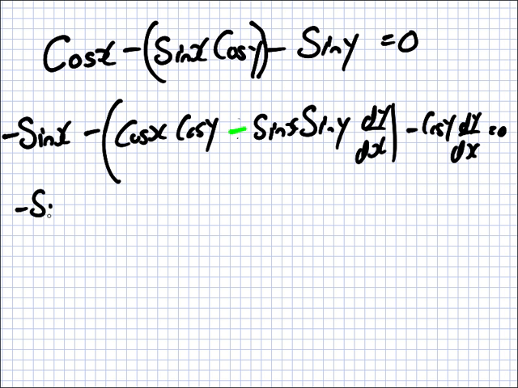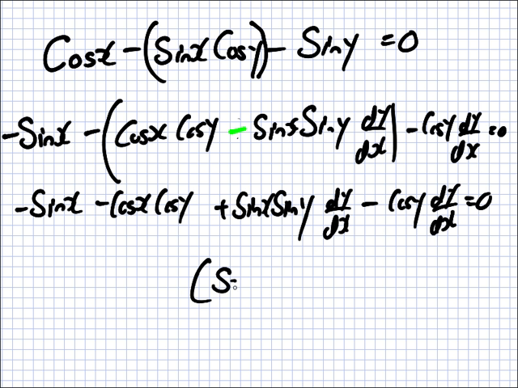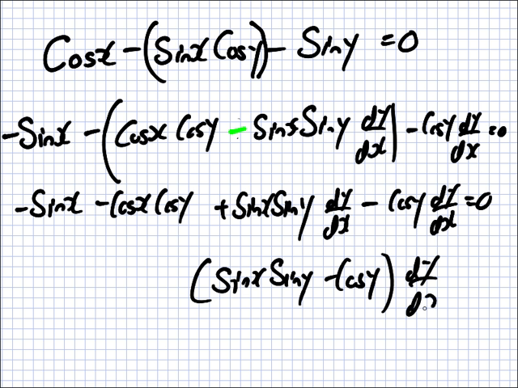So that's minus sin x, minus cos x cos y, plus sin x sin y dy/dx, minus cos y dy/dx, equals 0. Bracket, sin x sin y minus cos y, dy/dx.